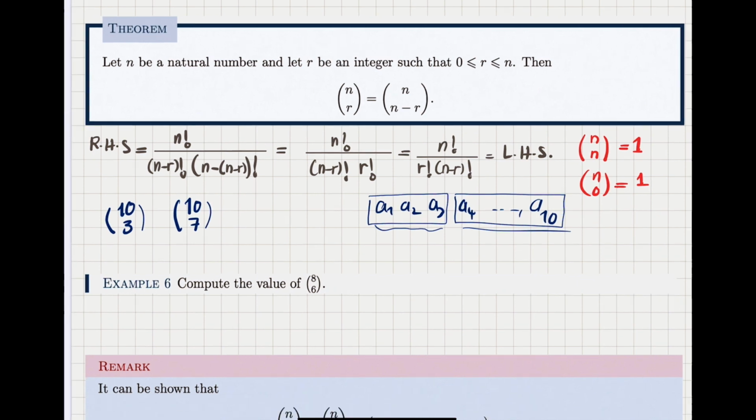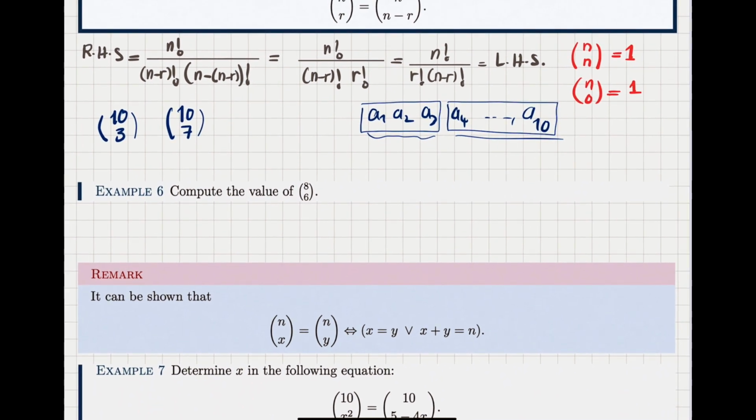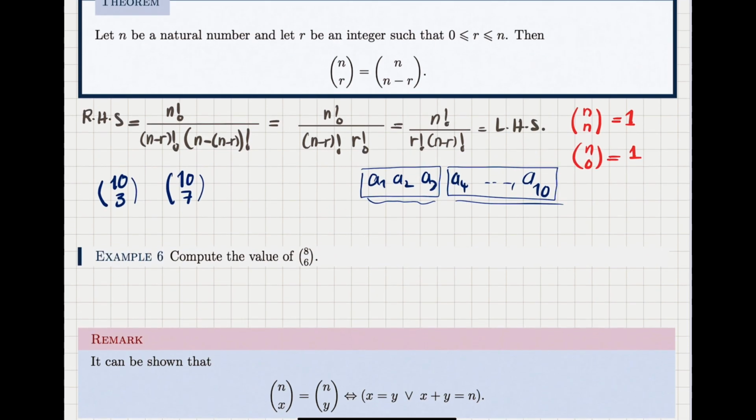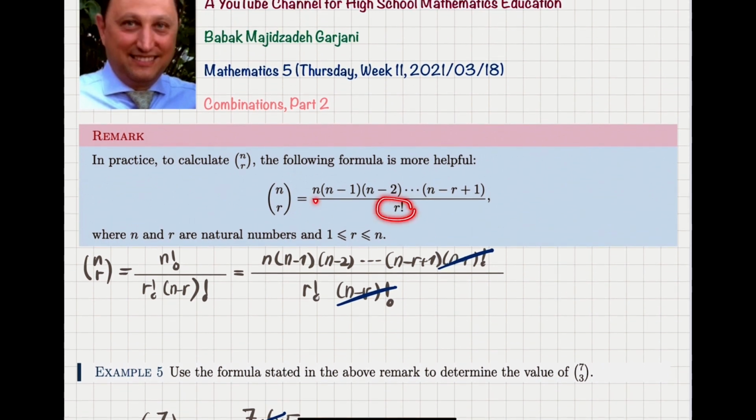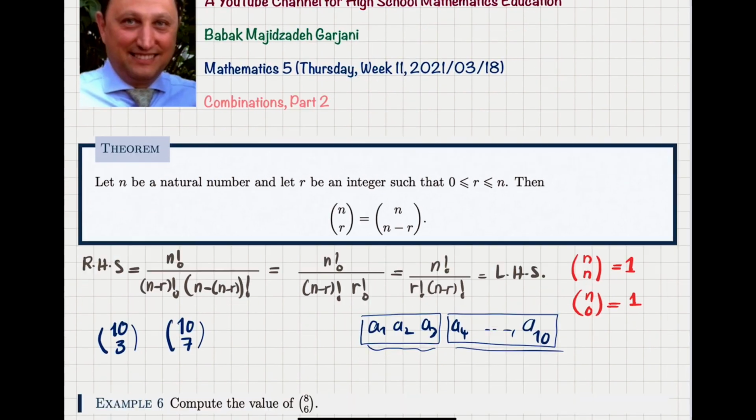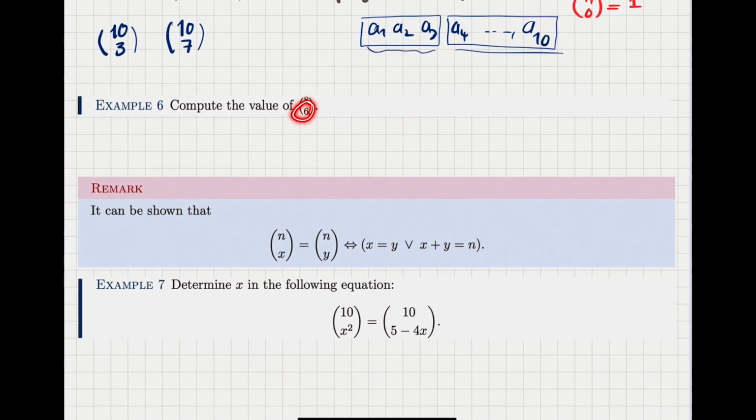Okay, so for example, if I want to solve this problem a little bit more quickly, and I want to use the previous argument here, I need to write 6 factorial in the denominator, and I have to write 6 consecutive numbers on top. Yes, because 6 appears here. But now I can combine these 2 ideas.